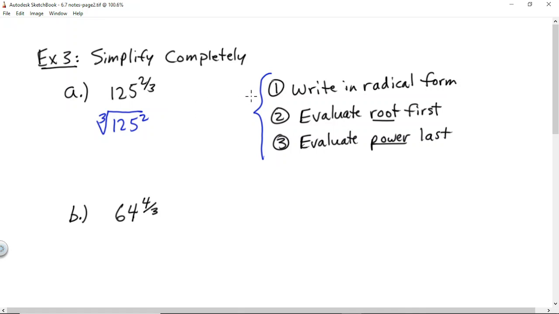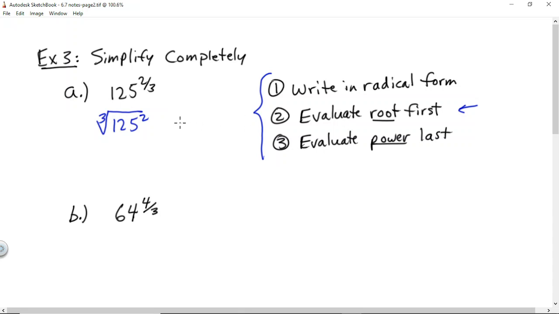Now the order is important here because it's much more convenient to evaluate the root first. But you may be surprised to learn that it really doesn't matter which order you do those in, you will get the same result. It's kind of interesting, it works out that way. So we evaluate the root first, and then we evaluate the power last after writing it in radical form.